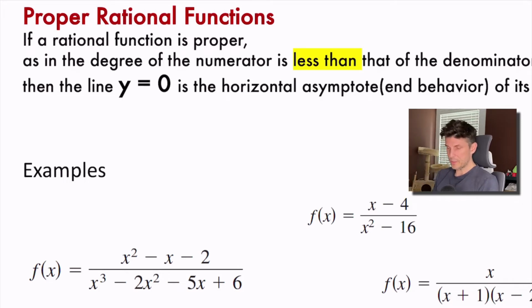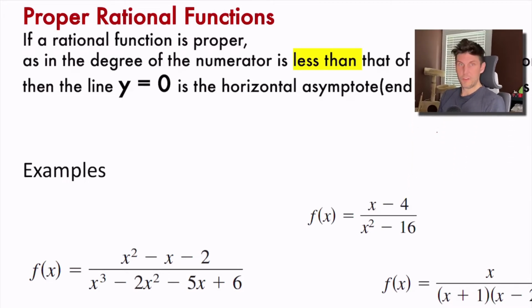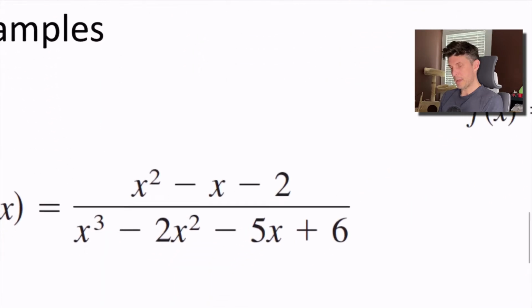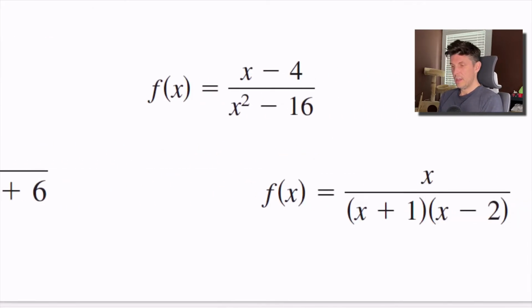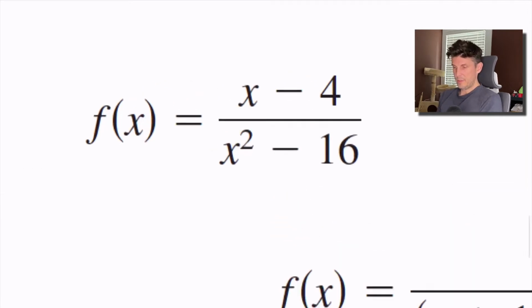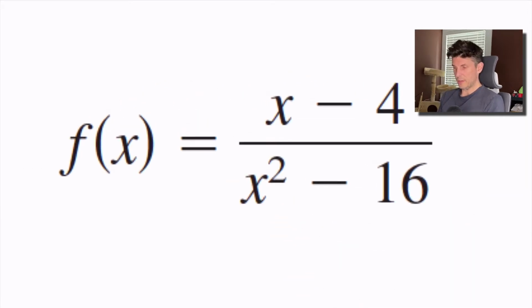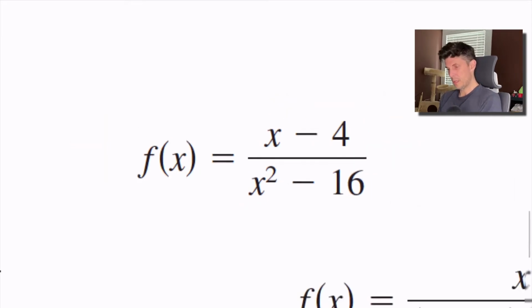Okay, so some examples of proper rational functions would be the ones that you see stated below here. So we have this one. Again, degree of the numerator is 2, degree of the denominator is 3. So y equals 0 is our horizontal asymptote. This function right here, the degree of the numerator is 1, denominator is 2.